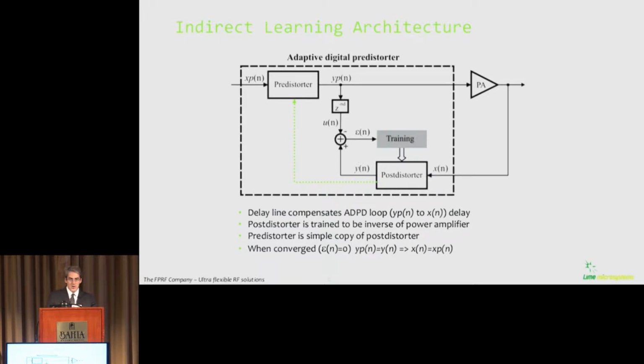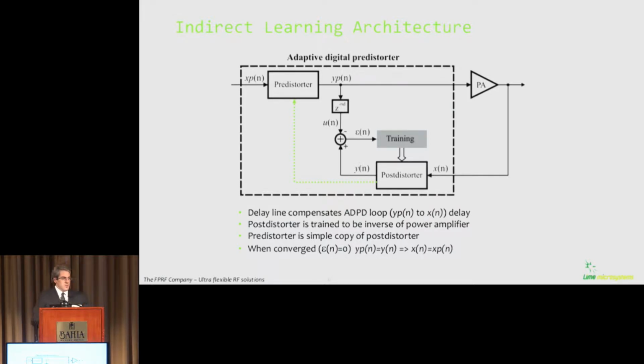At the end of the training process, we obtain equality between signals at the input of the predistorter block and also at the PA output. Therefore, we achieve linearization and significantly improve ACPR and EVM characteristics of the power amplifier.